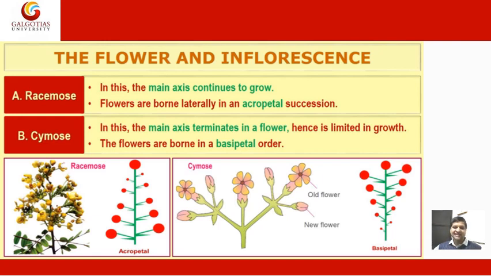The flowers are borne in a basipetal order. If you see the racemose and cymose photographs, you can easily understand the natural model of the flowers. So you understand the basic difference between racemose and cymose.